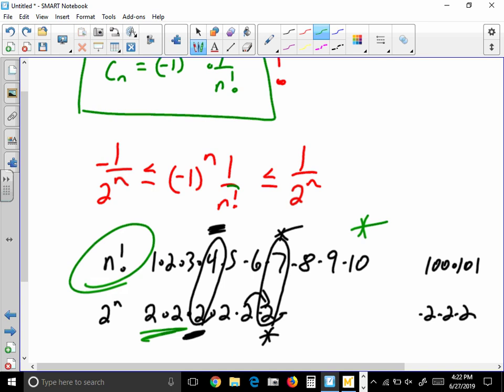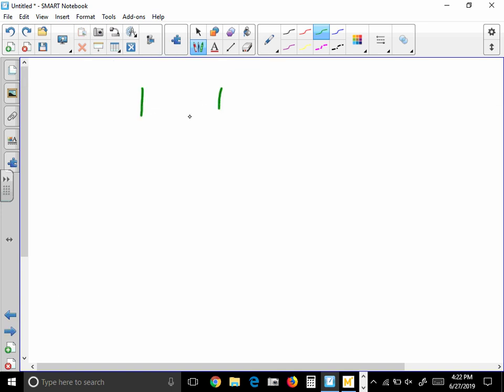Well, if this is bigger than this, why is that bigger than that? If n factorial is bigger, why is this fraction bigger? Right. If I have 2 fractions and they have the same numerator, the one with the bigger denominator is the smaller amount.